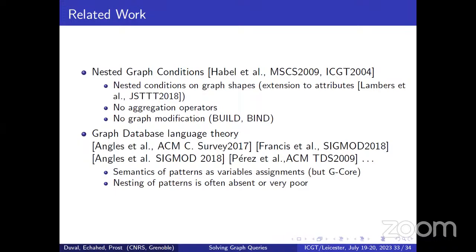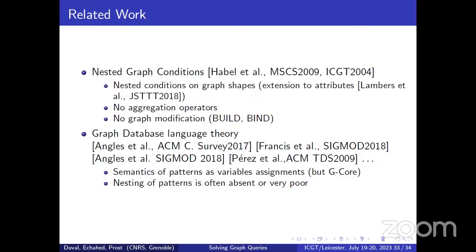So these patterns are very close to graph formulas. Nested graph conditions are close to what we did, but there are no aggregation operations in them, and they do not consider graph modifications.